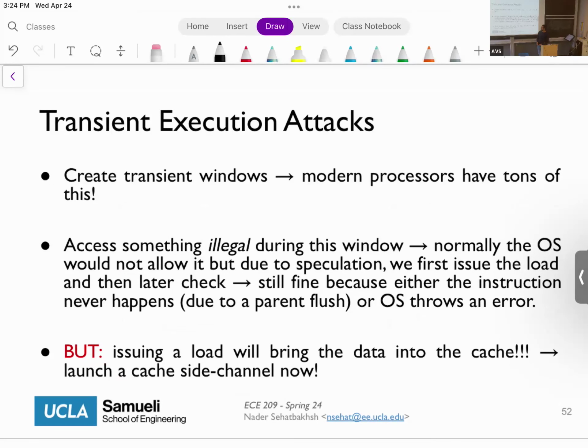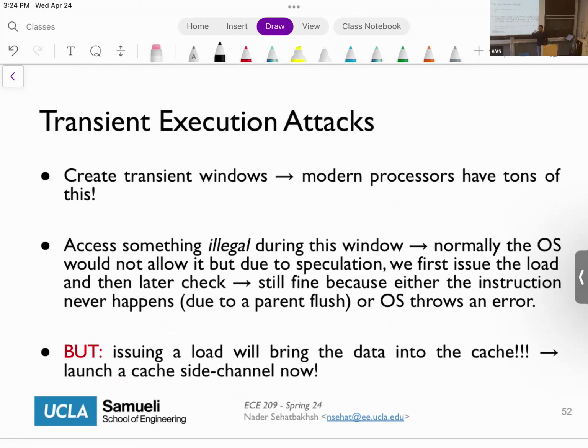The idea is very simple: we can create these transient windows. What are transient windows? They are the windows in which speculation happens. Think about a branch. A branch comes, and we don't know the outcome. So instead of waiting, we start speculating. We assume, for example, that the branch is taken, and we start executing things.